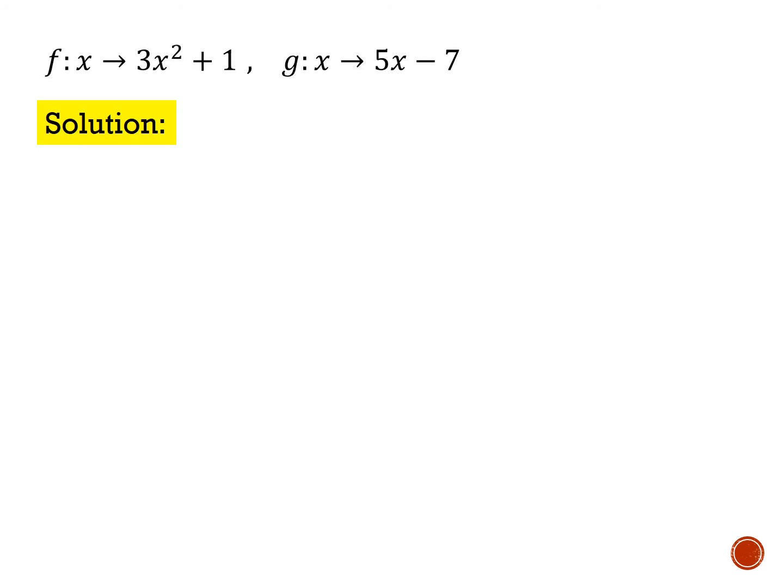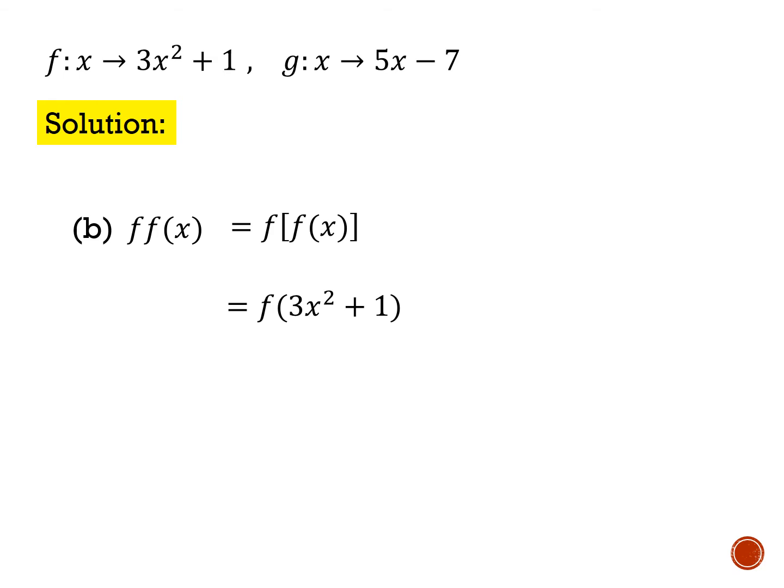Now, for question B, we have f(f(x)). It means that the output values of function f are used as the input values for function f. So f(x) is put into x of f(x), and we get f(3x squared plus 1).